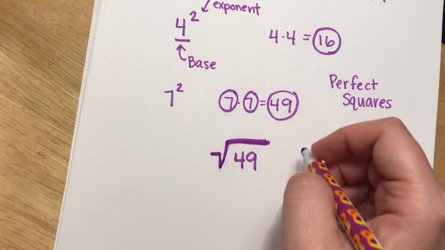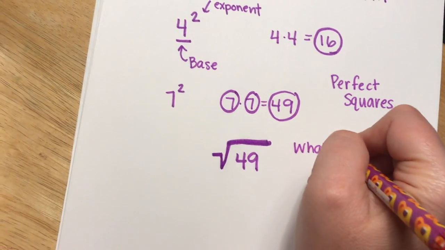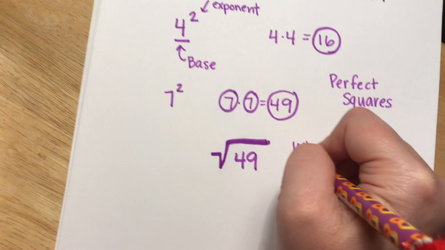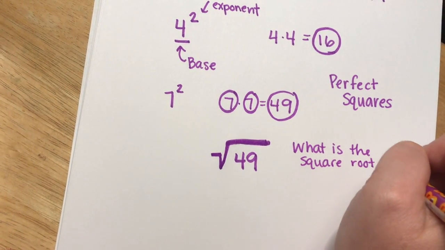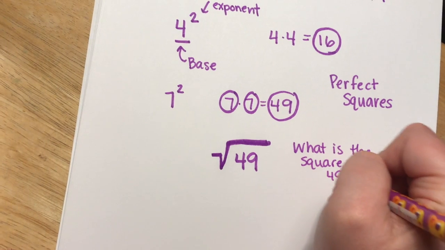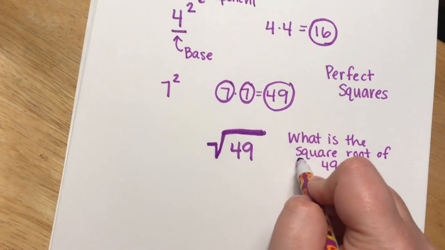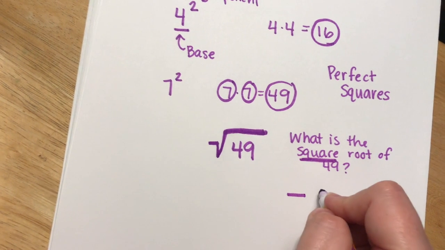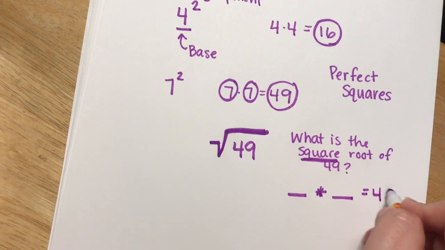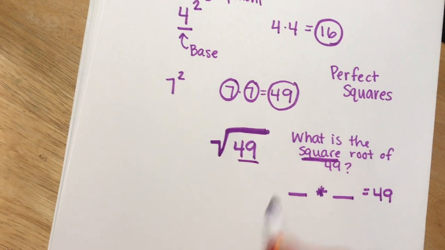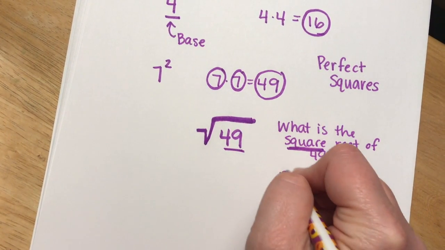Essentially what this is asking you is, what is the square root of 49? That's essentially asking you to work backwards. Because it's a square, it means you have two numbers that are multiplied by each other, and our answer is 49. It has to be the same number.